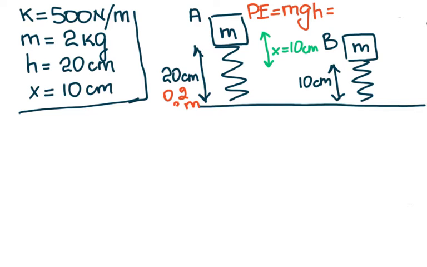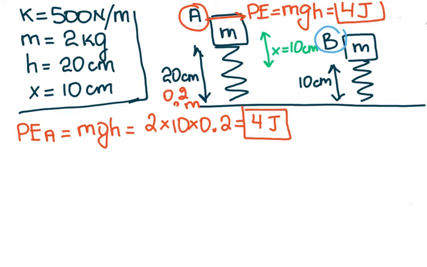And it loses 0.1 meter, but the initial position at point A is mgh, so that will give me 4 joules of energy. Mass is 2 and g is 10, and the height at that moment is 0.2 meters, so that gives me 4 joules.